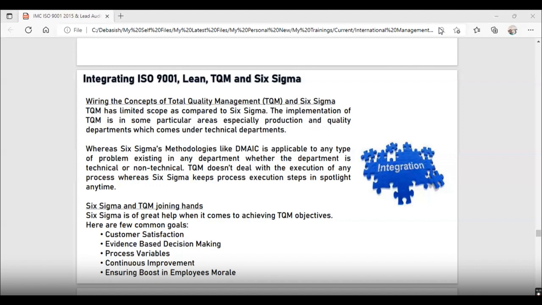The fourth line of difference. Total quality management is a less complicated process than Six Sigma. Six Sigma involves specially trained individuals, whereas total quality management does not require extensive training.